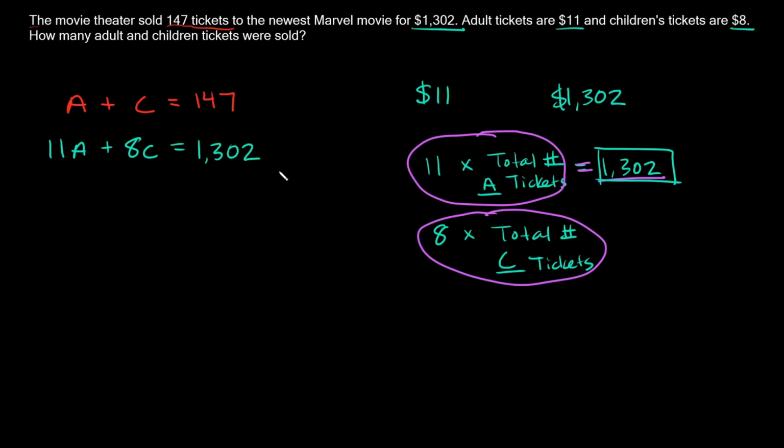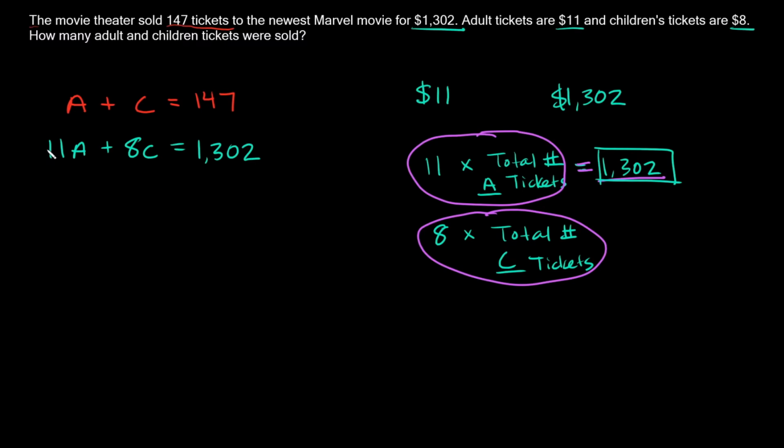Okay, so now that we have two equations and two unknowns, the unknowns are A and C. Now we can solve these using either the substitution method or elimination method. And since I already did substitution in the first problem, let's do elimination right here, okay?